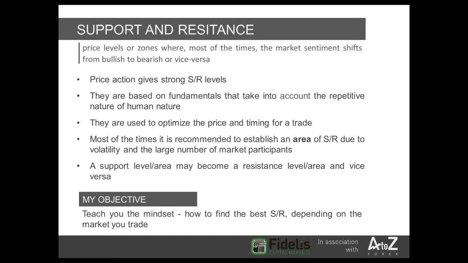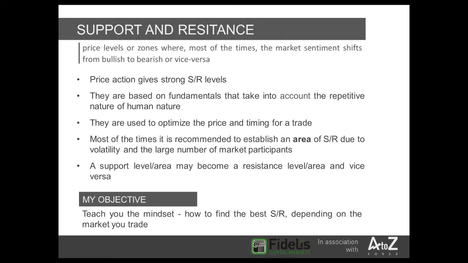So basically, any local high or local low can be a midterm high or midterm low. If you spot a good and strong support or resistance, you can have a good trade setup, meaning you can have low risk and high reward potential, because we don't know 100% where the market will head when we enter into a trade.